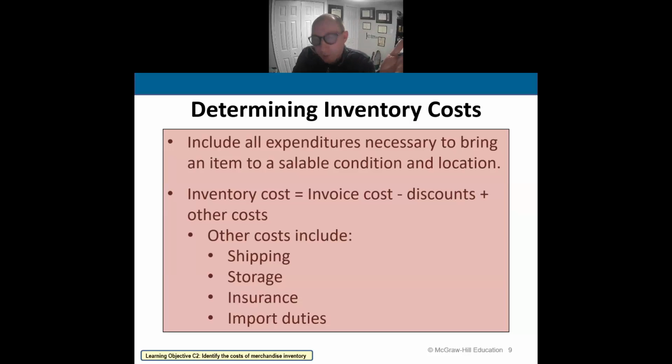The point is, it's not just the original cost of the inventory. It's the inventory plus shipping, storage, insurance, import duties. All of these together equal the total cost of the inventory. Make sense? Minus any discounts, of course.